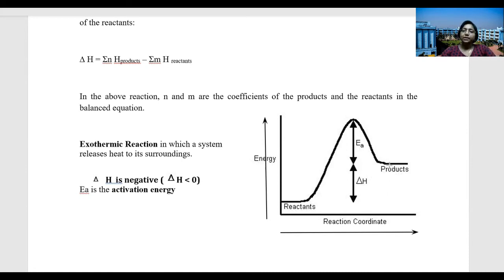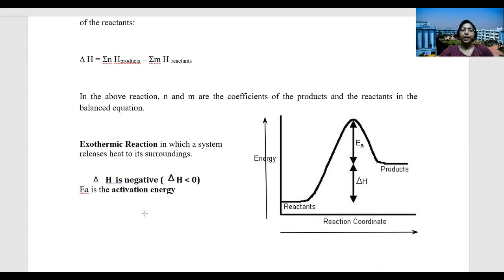So you can see the energy level of the product is higher than the energy level of the reactant. Okay, so if you subtract here, you will get the del H.